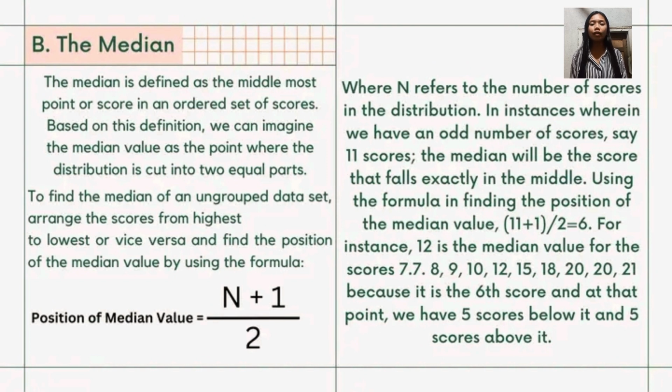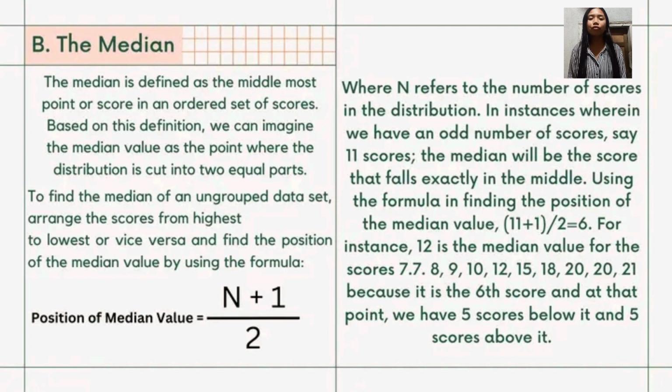To find the median of an ungrouped data set, arrange the scores from highest to lowest or vice versa, and find the position of the median value by using the formula. Look at the formula, where n refers to the number of scores in the distribution. In instances wherein we have an odd number of scores, say 11 scores, the median will be the score that falls exactly in the middle.